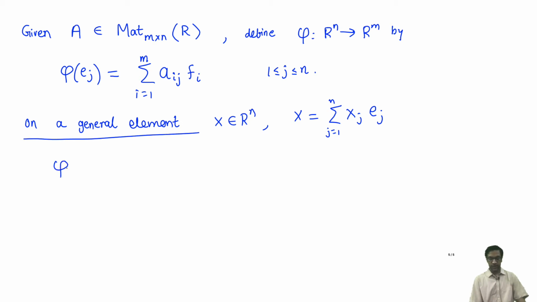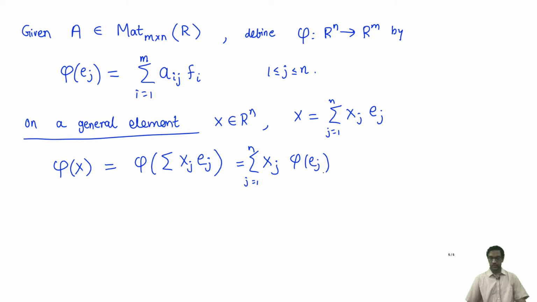Let us compute phi acting on x. Now, we have to be very careful when we do this. Phi acting on the summation xj ej, by definition, I can pull the xj's out: the sum over j from 1 to n of xj phi(ej), and phi(ej), remember, is what is written on top.